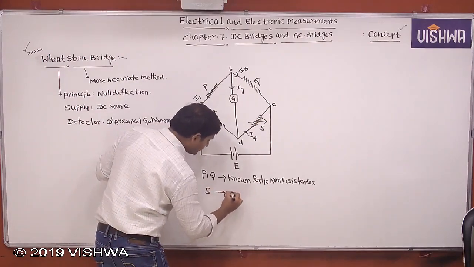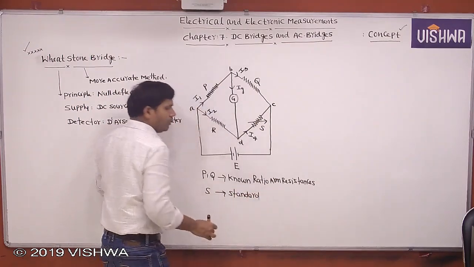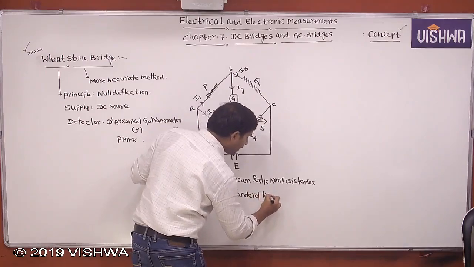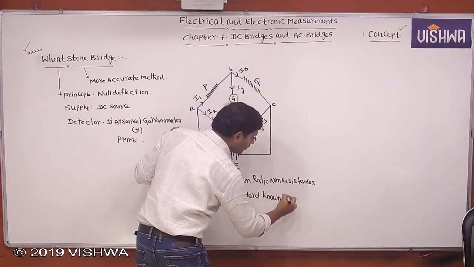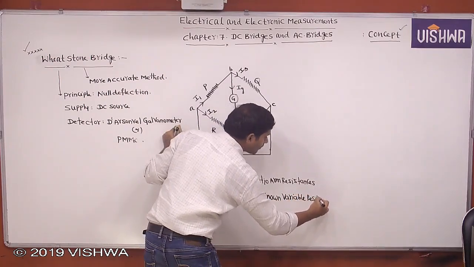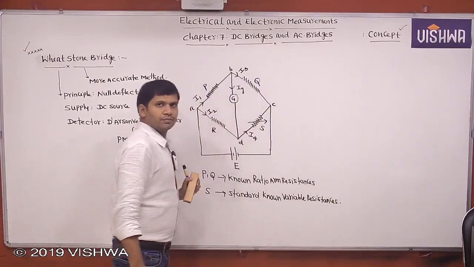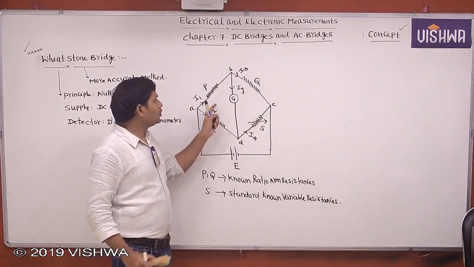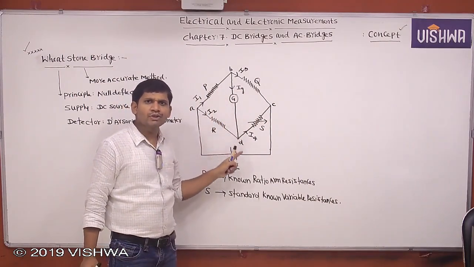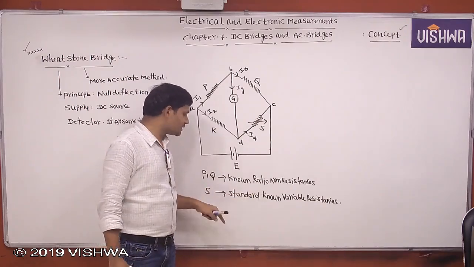Standard known variable resistance. Because these are two ratio arms, a Wheatstone bridge is also called a ratio arm bridge. Okay, the standard known variable resistance.